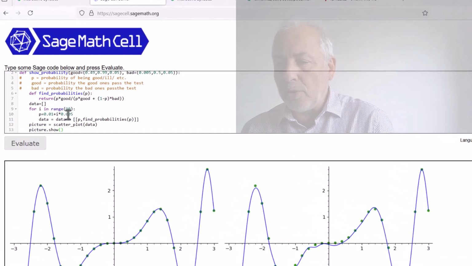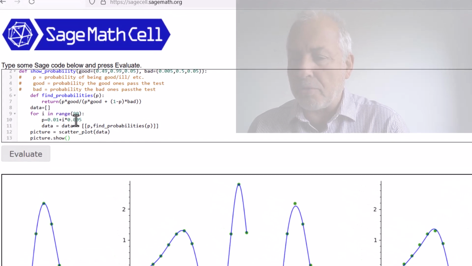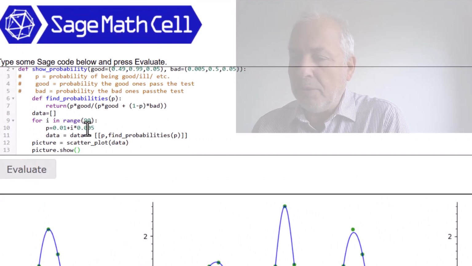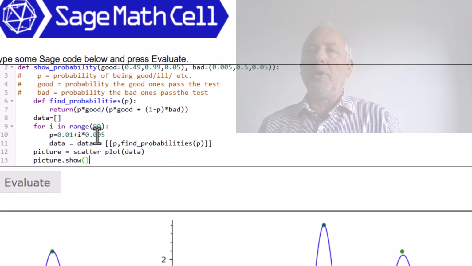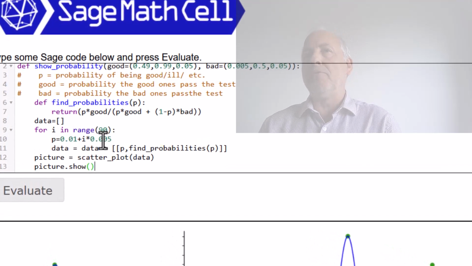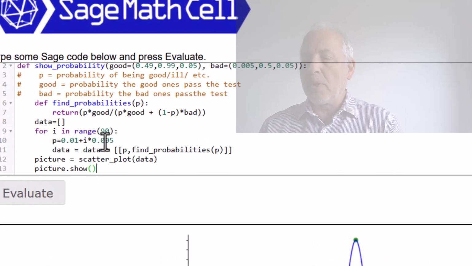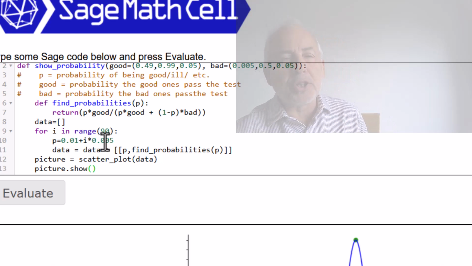And let's have a look at what we've got here, right? So I want to deal with the following problem. Imagine you have got some test, and the test is there to test, say, the intelligence of the future students of a university, right? And let's now skip the problem.